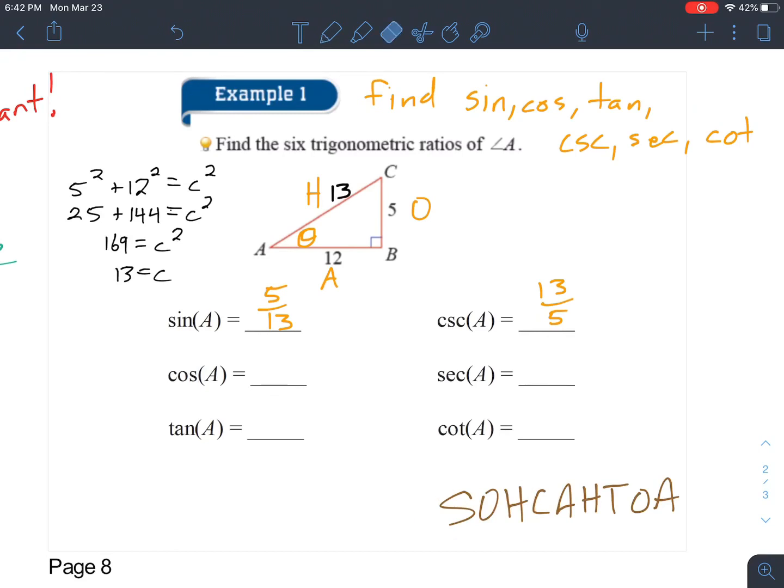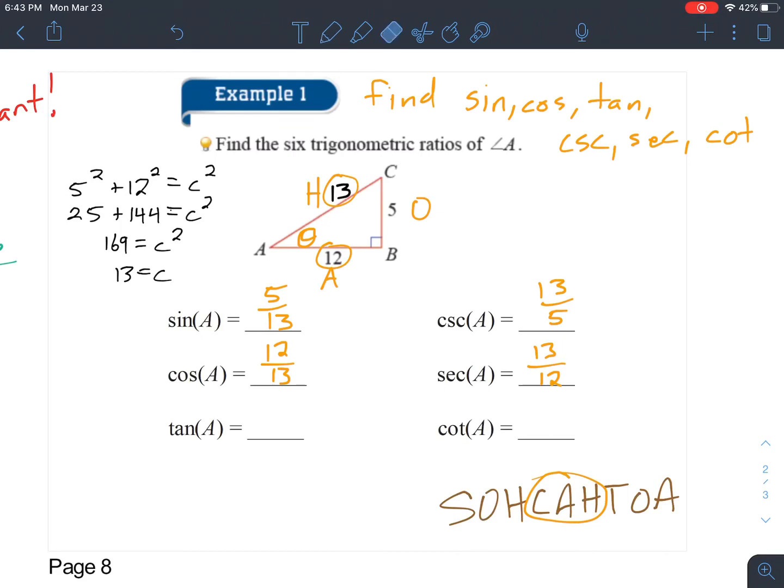From SOHCAHTOA, cosine is adjacent over hypotenuse. In our triangle, we have 12 and 13. And there we go. Secant is going to be very easy. It is just the reciprocal of what we found. That is going to be 13 over 12.